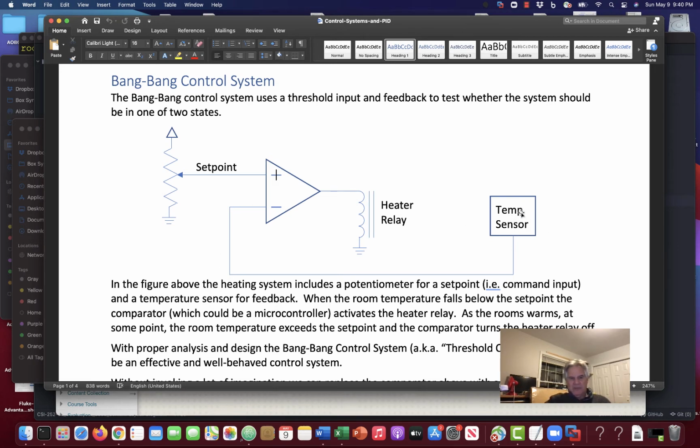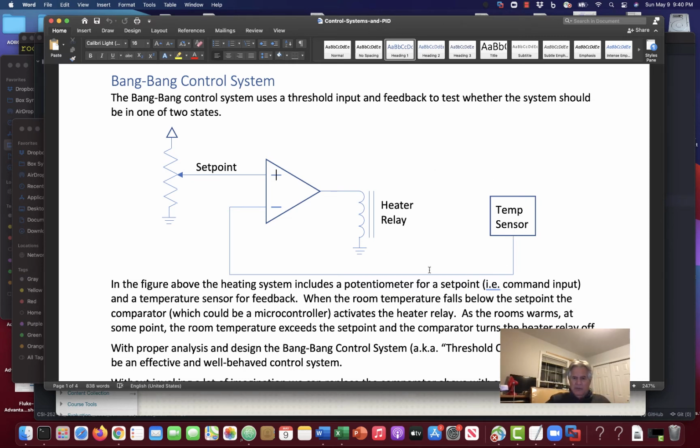If the temperature sensor is less than the set point, then the comparator drives out a voltage to turn on, say, a heater relay, and the heater comes on and heats up the area.